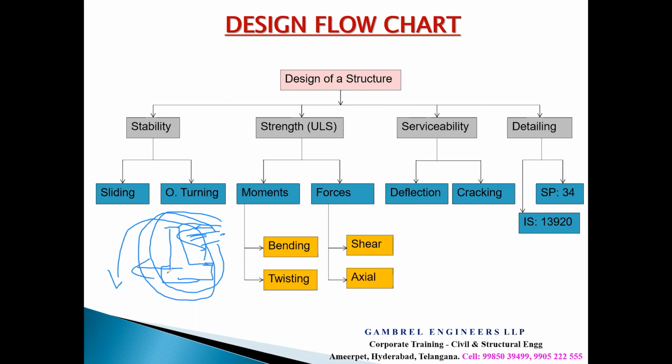So we need to compare where we use the stability criteria and where we do not. We use it in the case of dams and retaining walls only, where the structures are meant to support horizontal forces. It is not actually used in the case of buildings, where the impact of horizontal forces would be much lesser. Horizontal forces develop in the form of wind loads, and the next force is earthquake force.